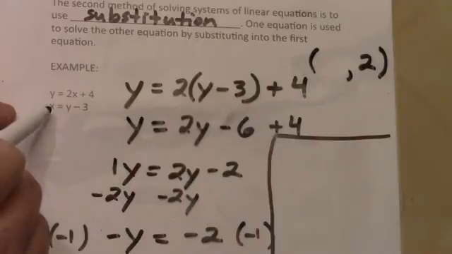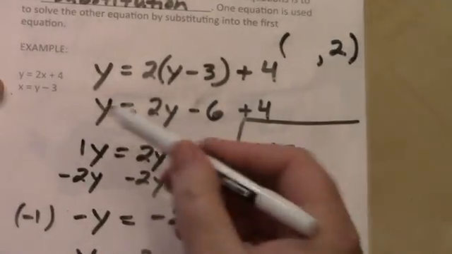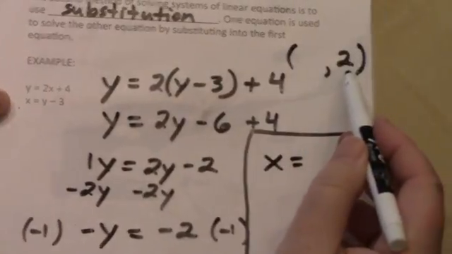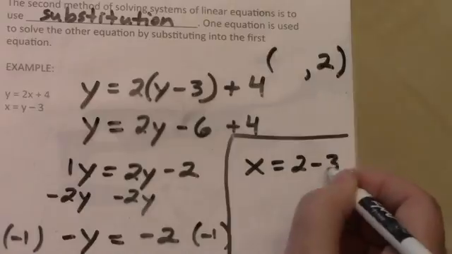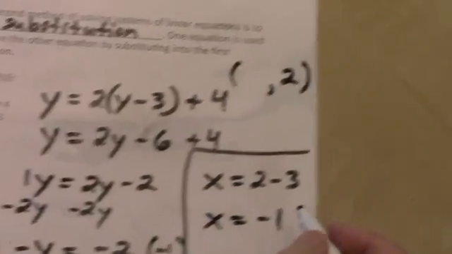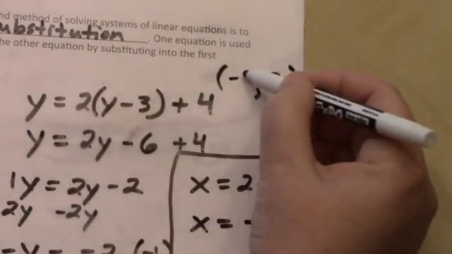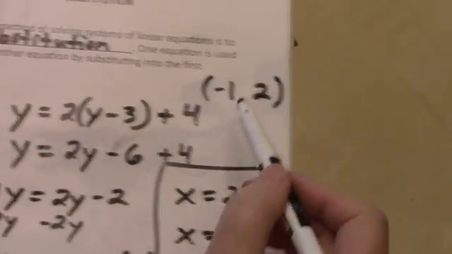So let's just do the second one. Instead of x equals y minus 3, I know that y is now 2. So it's going to be x equals 2 minus 3. Well, 2 minus 3 is negative 1. I have found my x coordinate to be negative 1. So my solution where these two lines intersect is at the coordinate negative 1, 2.